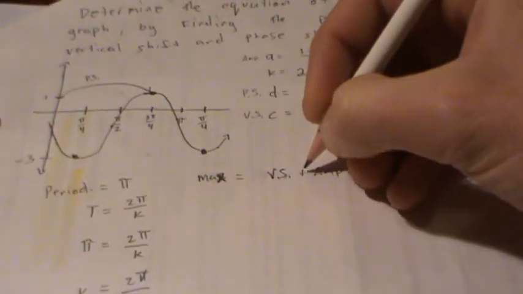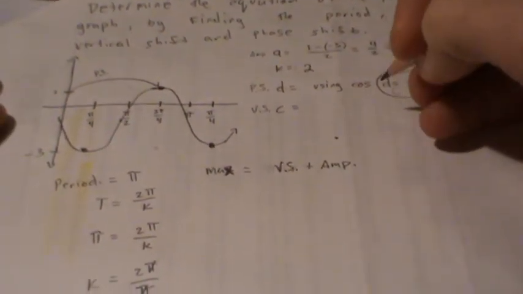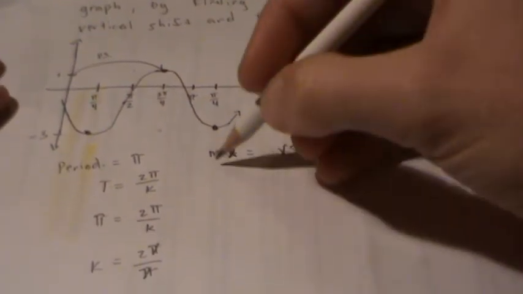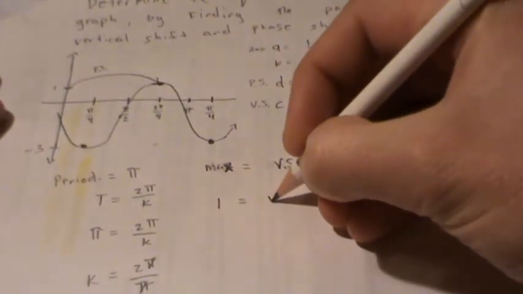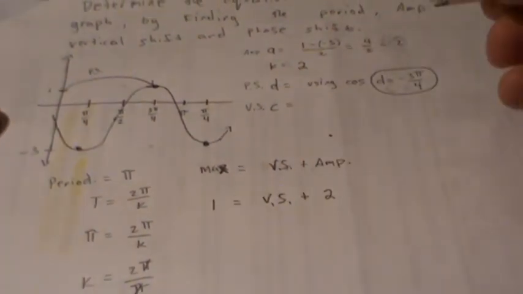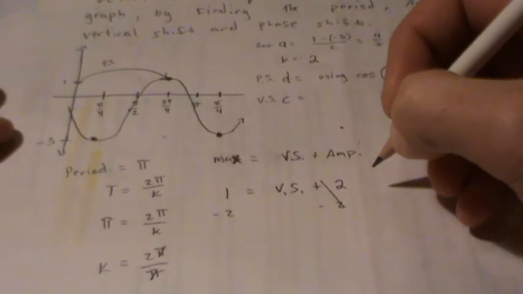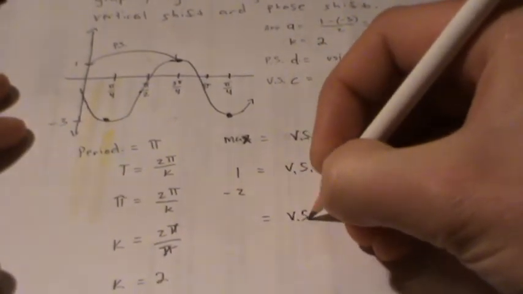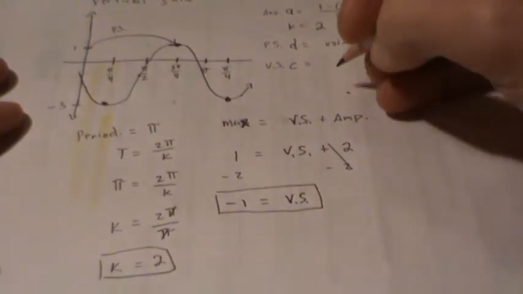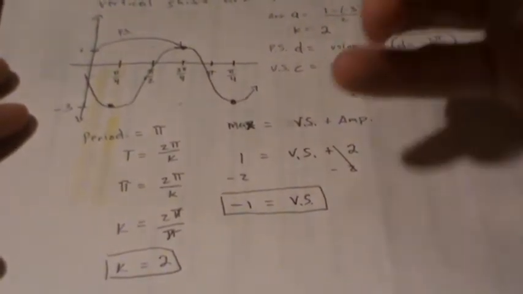The maximum is equal to the vertical shift plus the amplitude. Notice I know that the amplitude is 2 and the maximum is 1. I can write 1 is equal to the vertical shift plus 2, and now I can solve for the vertical shift by subtracting 2 from both sides, and I get that the vertical shift is equal to -1. And we know that the vertical shift is the c value, or -1.